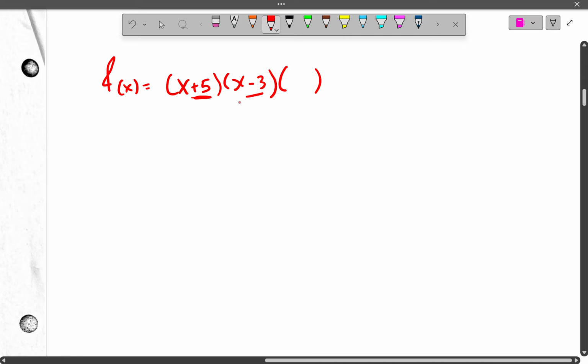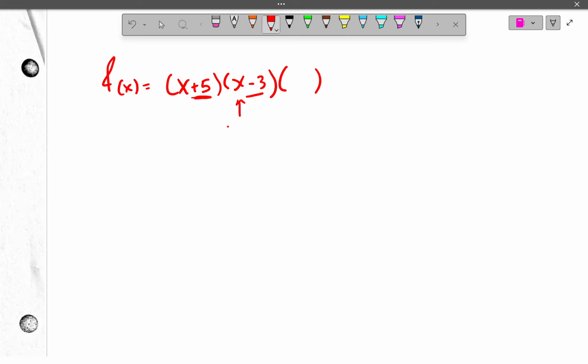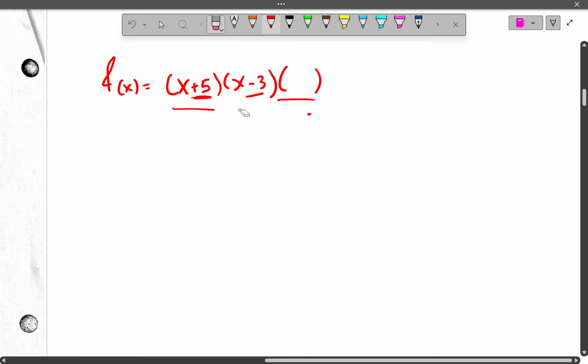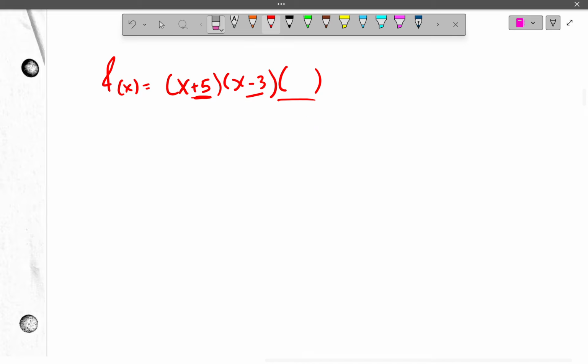Because if we substitute in x as +3, I'll have 3 minus 3 for this factor, which will again give me 0. Then I'll have something times 0 times something, and it doesn't matter what those somethings are because I'm multiplying by 0. So it's all going to become 0.